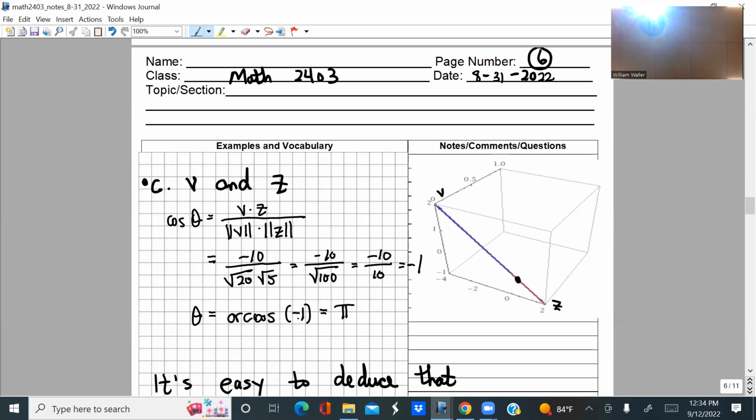What's the arc cosine of +1? 0, right? So that means the vectors are parallel again, but in the same direction, exactly the same direction, because the angle between them is 0. So they have the same direction.